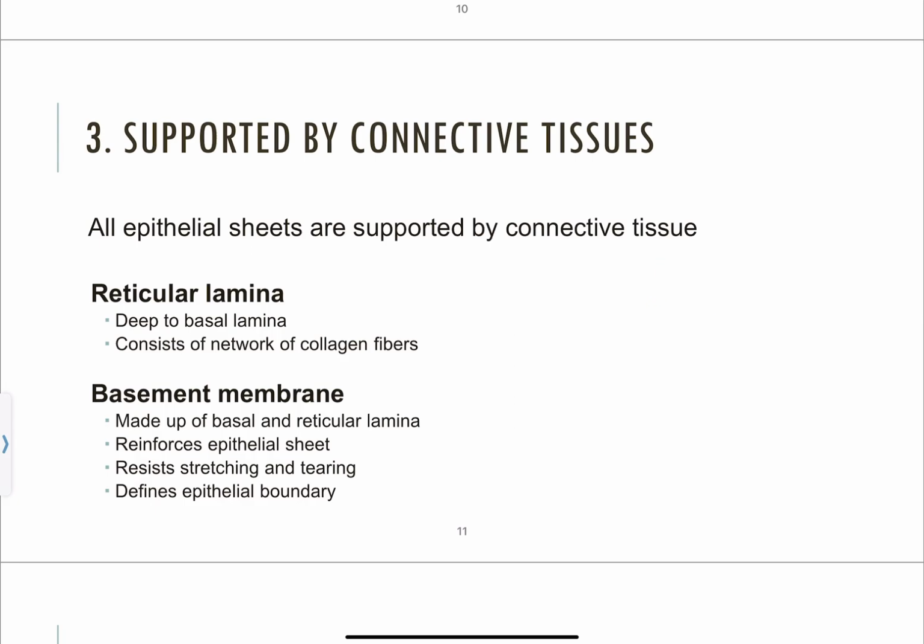So here's our apical surface of our epithelial tissue, our basal surface. And this is all of our epithelial tissue. And then we have this little thing that we call the basement membrane, and it's made up of the basal lamina, which lies just deep to the basal layer.